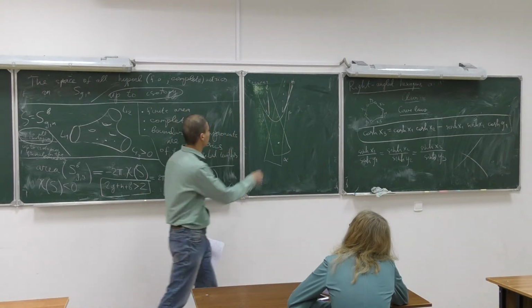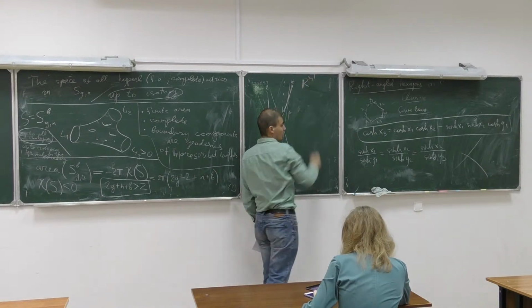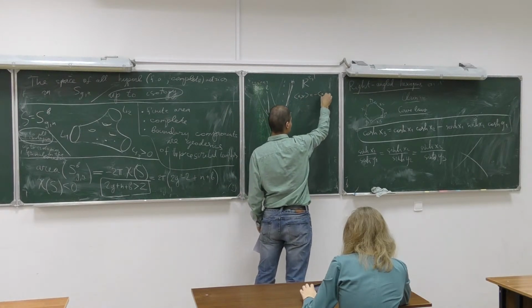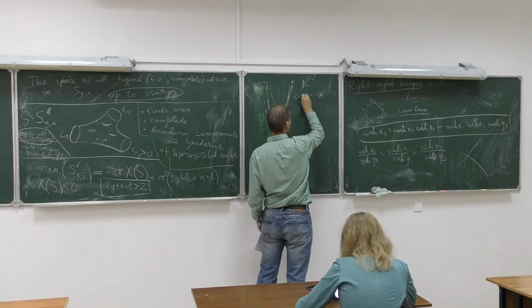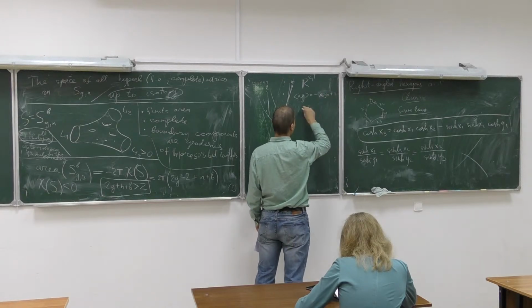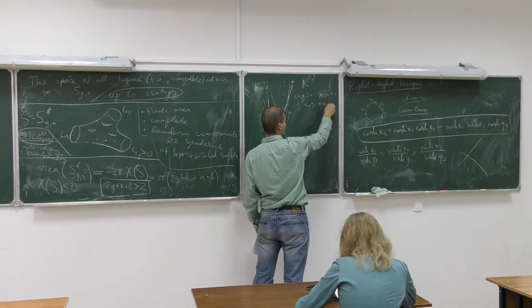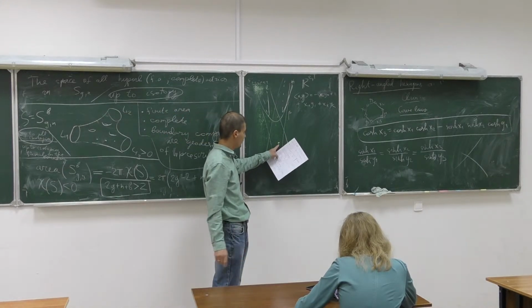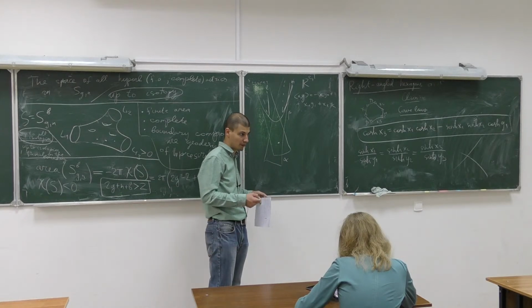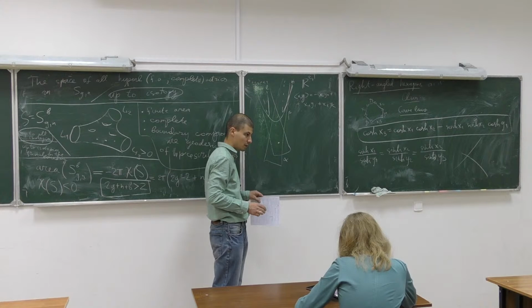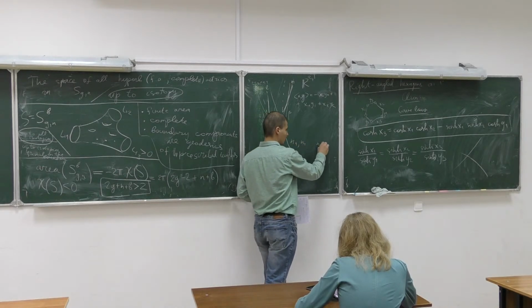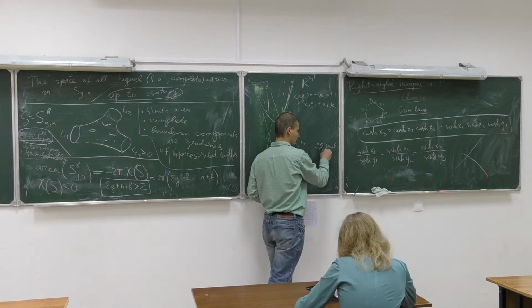This is in pseudo-Euclidean space with the scalar product minus x0 x0 plus x1 x1 and so on. The plane can be given by its normal vector, in this pseudo-Euclidean sense. So n1 and n2 are normal vectors for alpha and beta respectively.